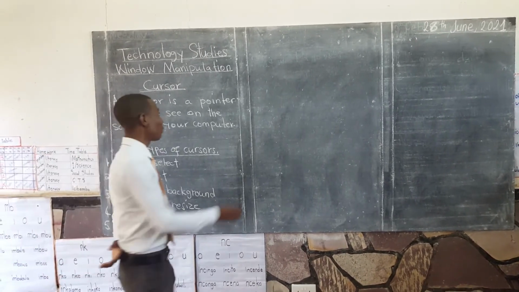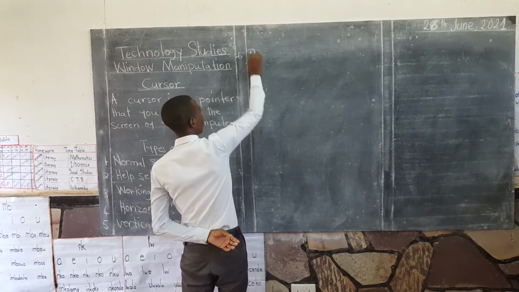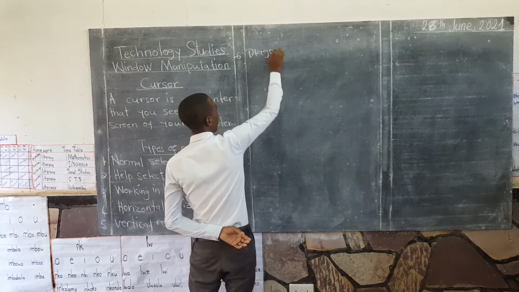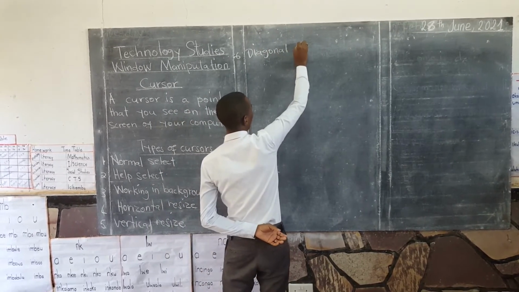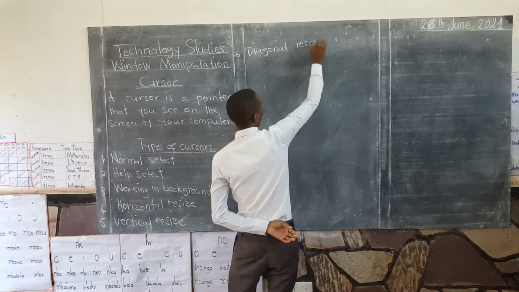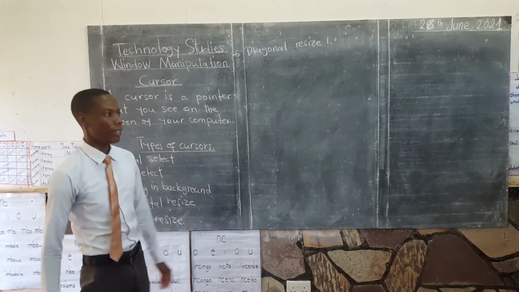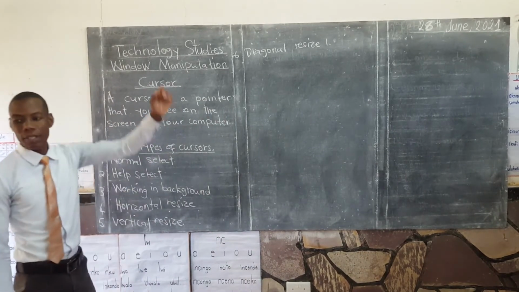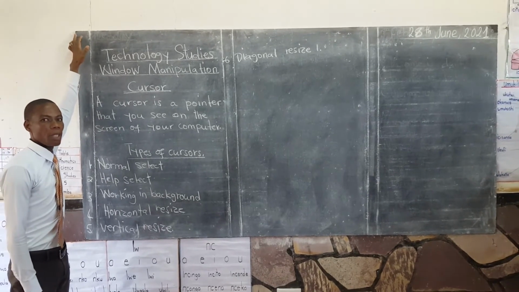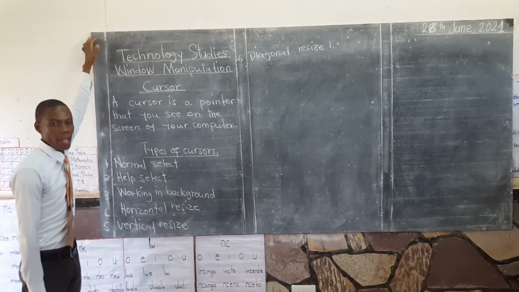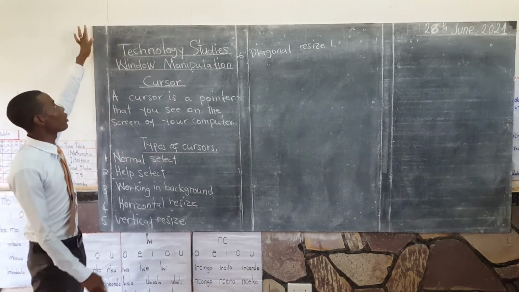Apart from the vertical resize, we have diagonal resizing one. The diagonal resize one helps you to reduce or increase the size of your computer window on the corners, on the edges.